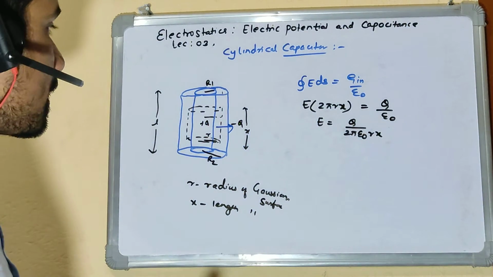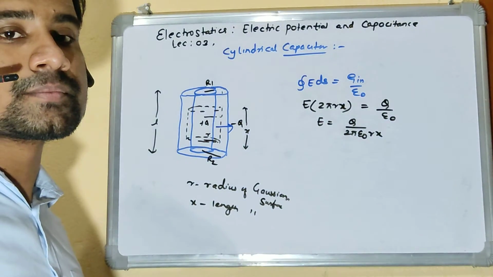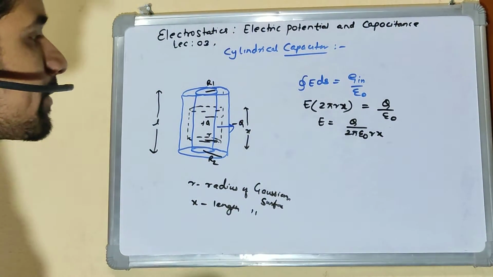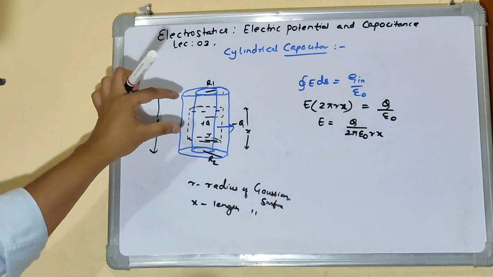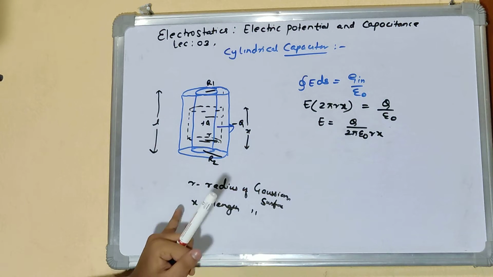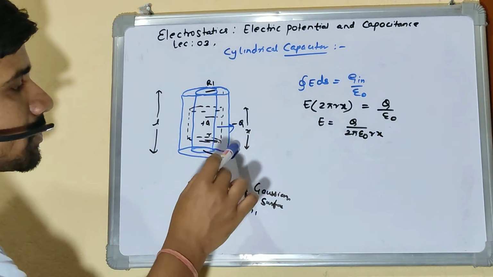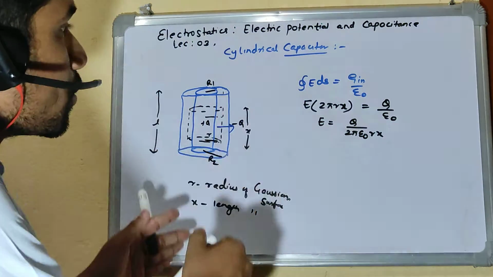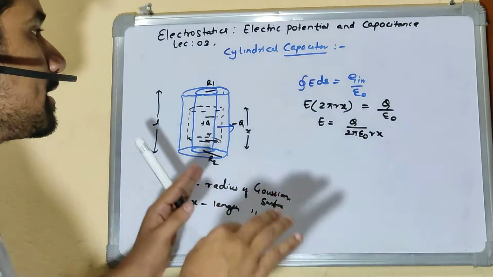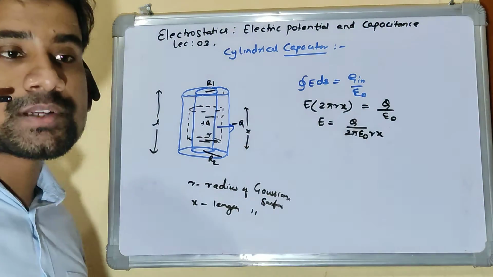This is what my area is all about. So I have calculated the electric field at the periphery of this Gaussian surface, which is lying between the inner and outer cylinders. The electric field is given by this expression, right?